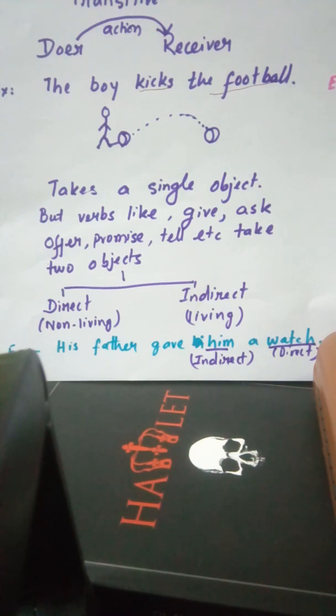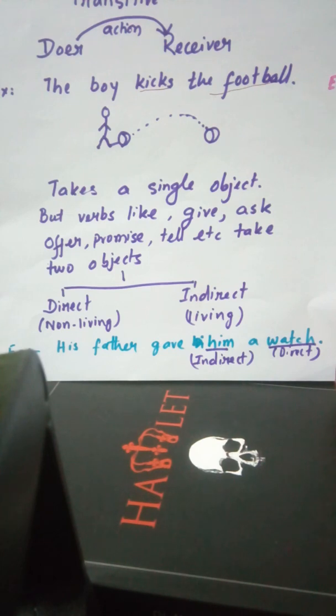Let us take the example of this sentence: his father gave him a watch. Now the watch was physically transferred from his father to him. So the object which is getting the direct effect of the action is the watch.